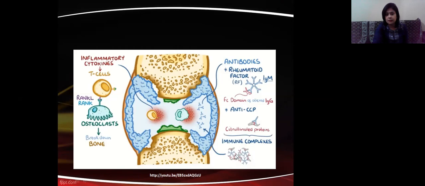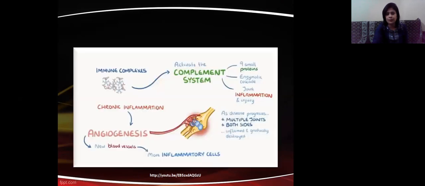Now, this formation of immune complexes will activate the complement system, which is a group of 9 small proteins which activates an enzymatic cascade which promotes joint inflammation and injury.